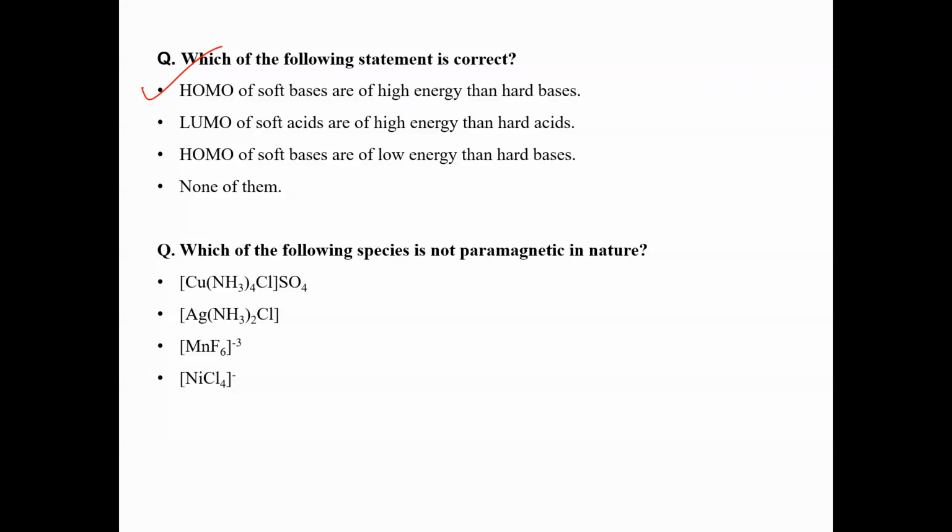Second one: which of the following species is not paramagnetic in nature? The complex is looking like this, and it is right, because sulfate is -2.